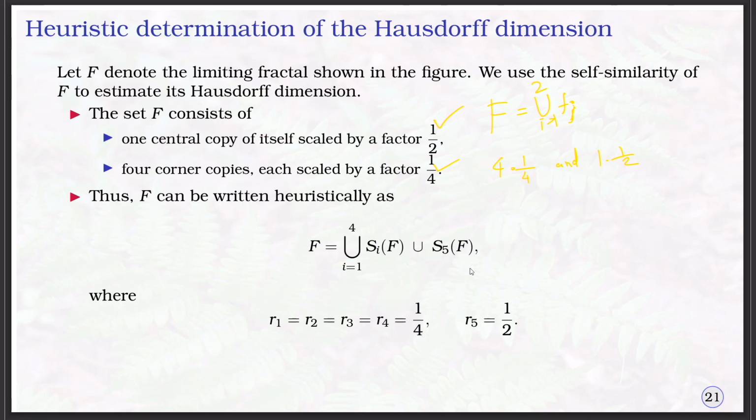Now, we know that if F is written as a finite union of self copies of itself, then we can write 4 copies of the ratio 1 by 4 power S plus 1 copy of ratio 1 by 2 power S equal to 1. The solution of this equation will give the Hausdorff dimension of the set F, right?